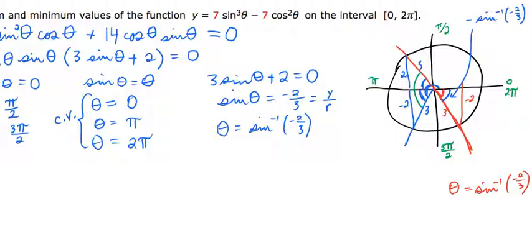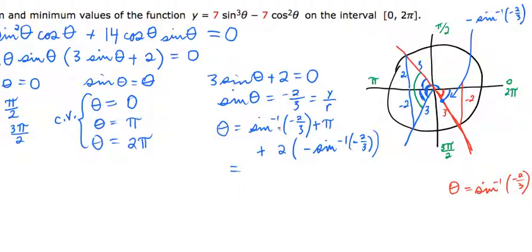And then to get from here all the way around, we have pi plus double the positive of the angle theta. So plus pi plus the double of negative sine inverse of -2/3.